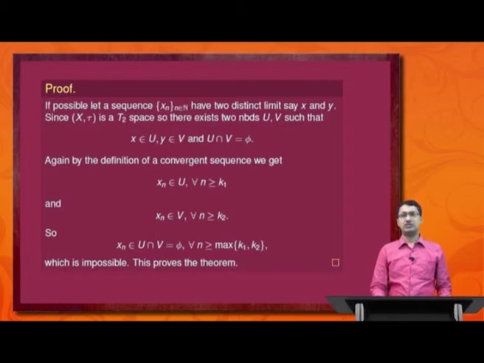Similarly, xn also converges to y and V is a neighborhood of y, so xn belongs to V for all n greater than or equal to k2, where k2 is another integer. So xn belongs to U intersection V for all n greater than or equal to the maximum of k1 and k2, and we know that U intersection V is equal to φ because it is a T2 or Hausdorff space, which is impossible. This proves the theorem.